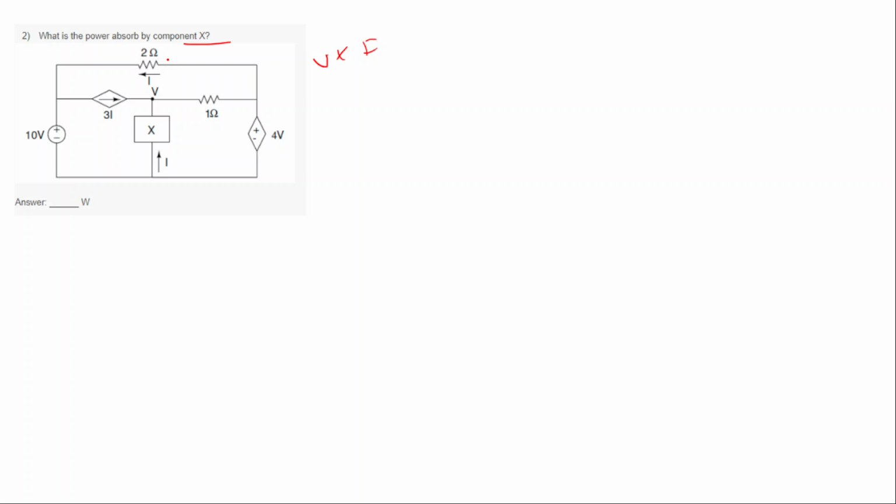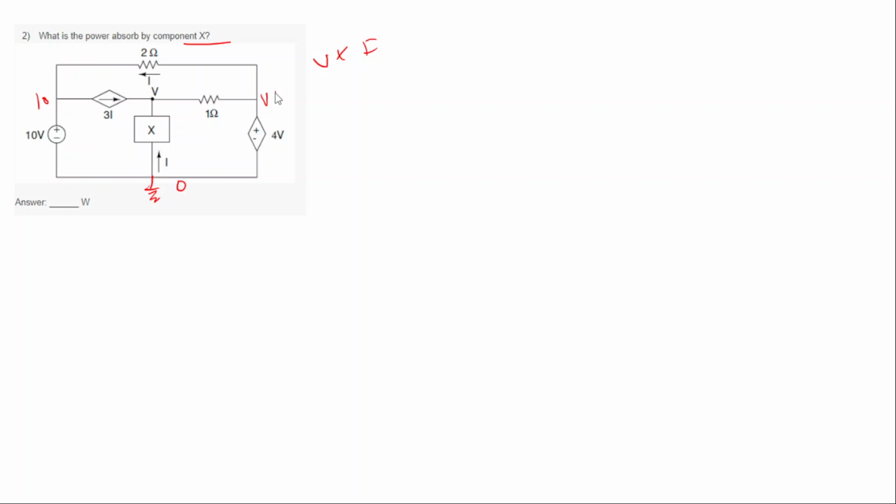Okay, so now let's apply the node voltage here also. If we assume this is 0 volt, then this will be 10 volt and this is V, and this dependent source is 4V.